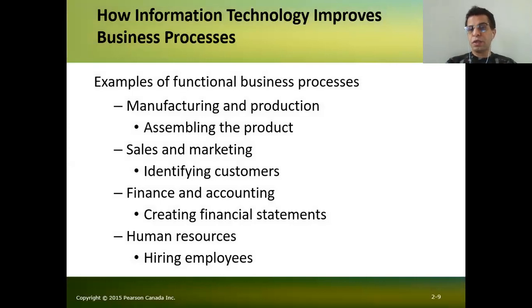How does information technology improve business processes? We gave an example of a function of processes, manufacturing and production. They assemble the product, so there is an MRP solution, and they also count the product.